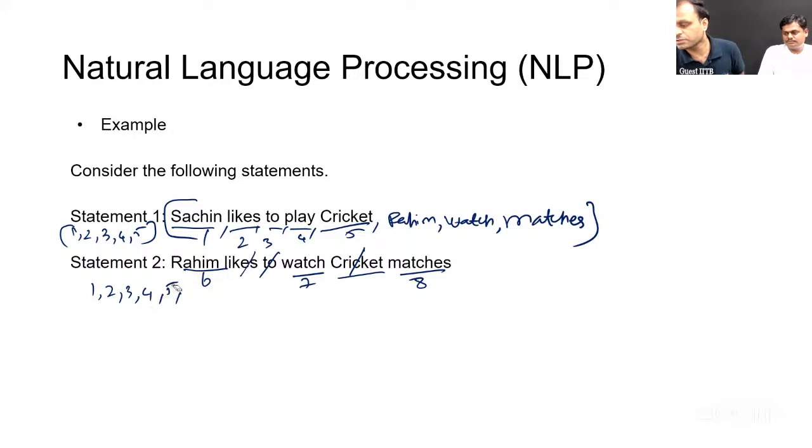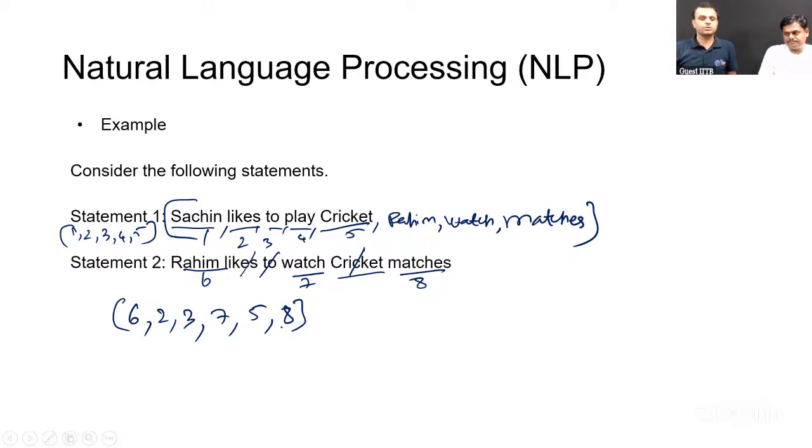I think instead we can write in a different way. Statement 2 can be 6, comma, 2, comma, 3, watch, because 7, cricket is 5, and match is 8. You can also write like this. So now, if I have 50 sentences from 10 different participants and I created a huge dictionary of the document length, I can represent each vector by this kind of values.